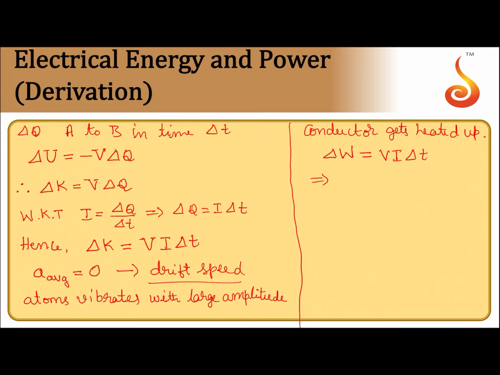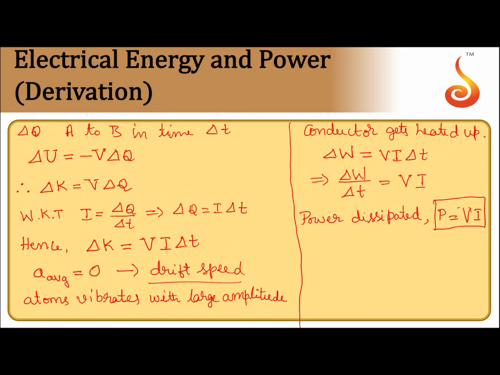So delta W by delta T is equal to V into I. But delta W by delta T is the rate of dissipation of energy, which is nothing but the power dissipated. So power dissipated, P, is equal to V into I. This is the expression for electrical power dissipated in the circuit.